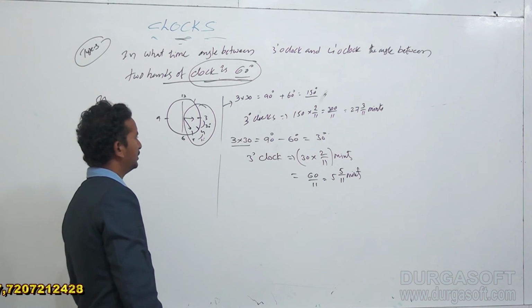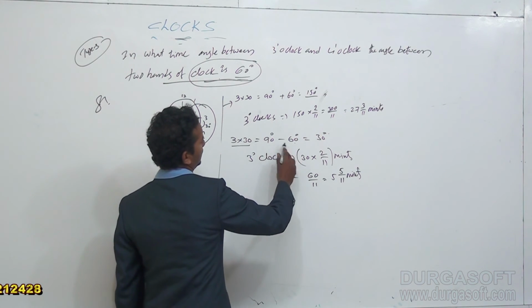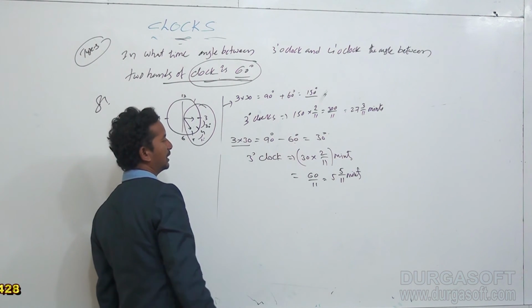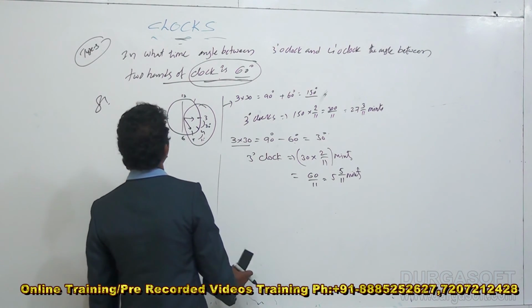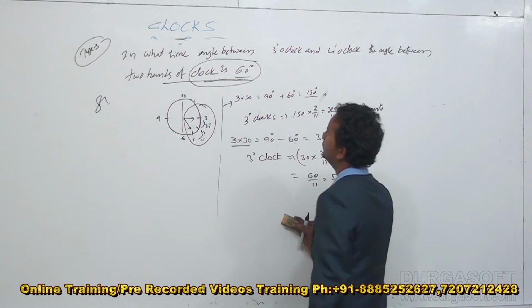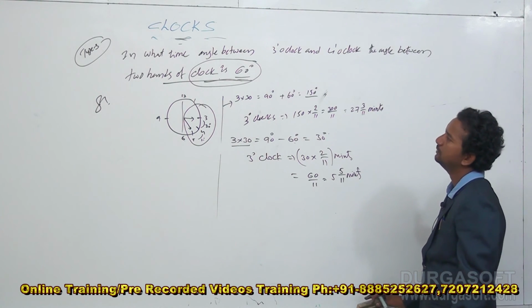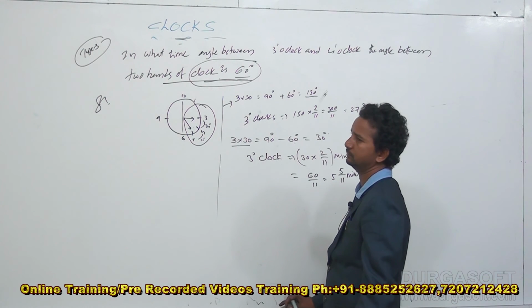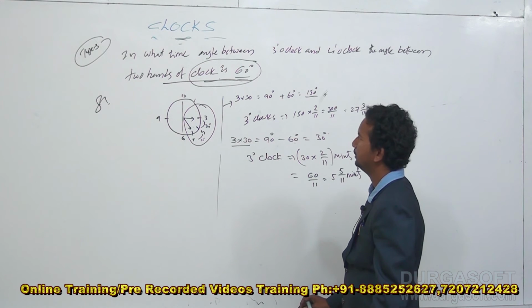Now here 90 minus 60 is 30 degrees. Again the clock shows in terms of minutes, 2 by 11 minutes will be required. So this is the problem for the angle between 3 o'clock and 4 o'clock. When the angle of 60 degrees is given, you count it like this.